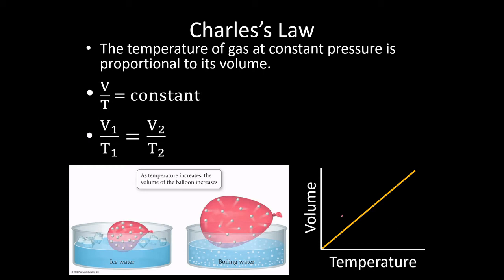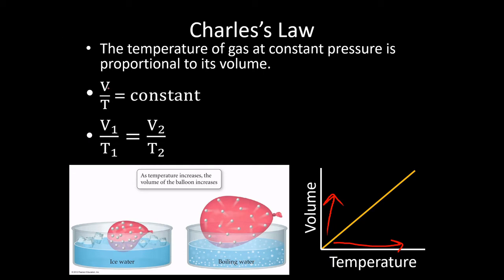This is what a graph would look like of temperature versus volume. As we go to higher temperatures, we go to higher volumes. The gas moves around faster, it pushes on the walls of the container harder, and so in order to keep the constant pressure, the volume has to expand to do that.